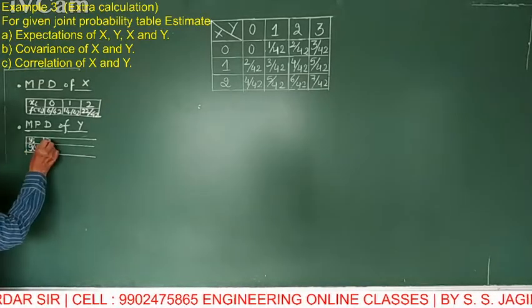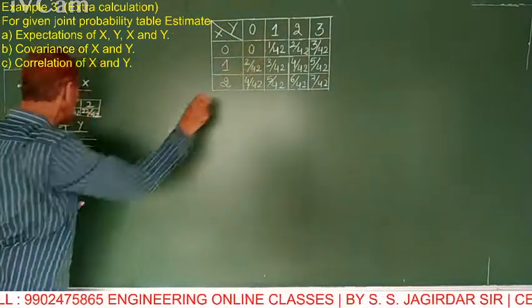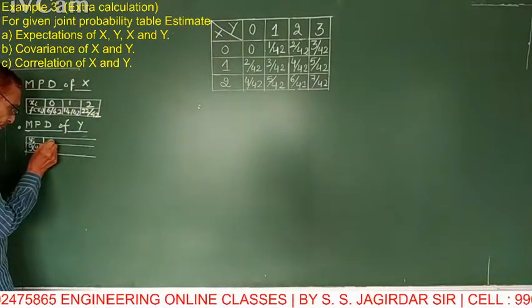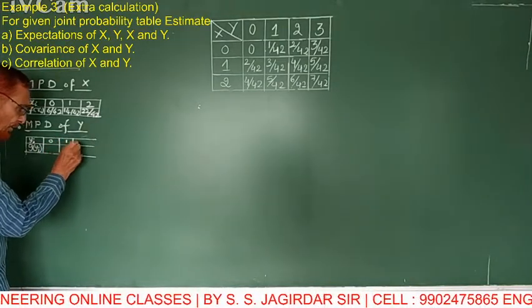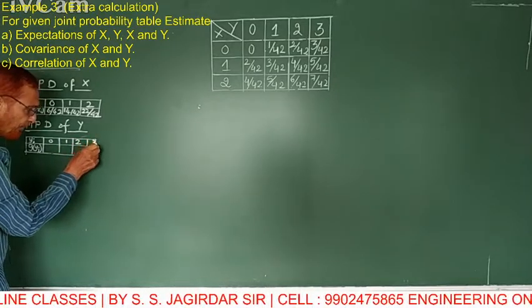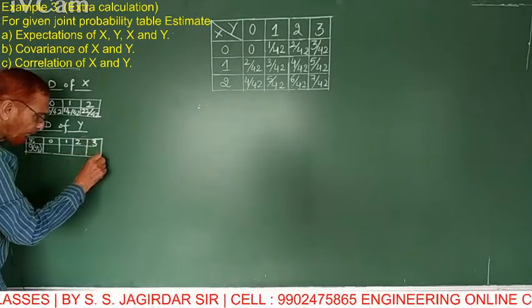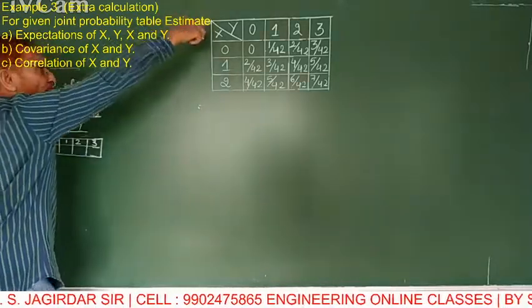The first value of y is 0, second 1, 2 and 3. And for 0, now you have to go for column addition.